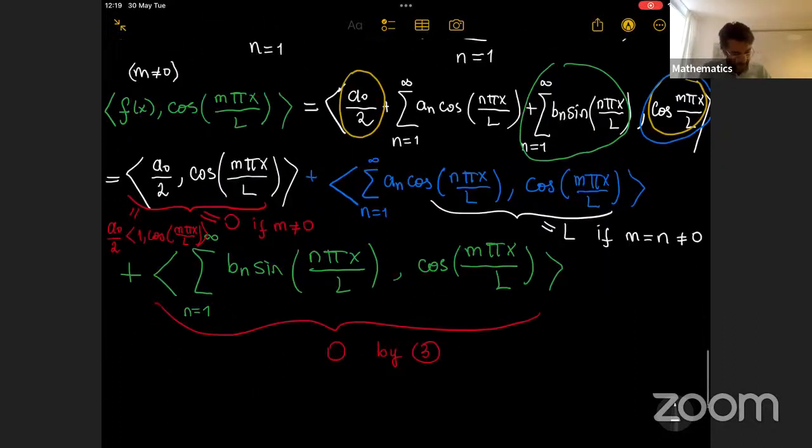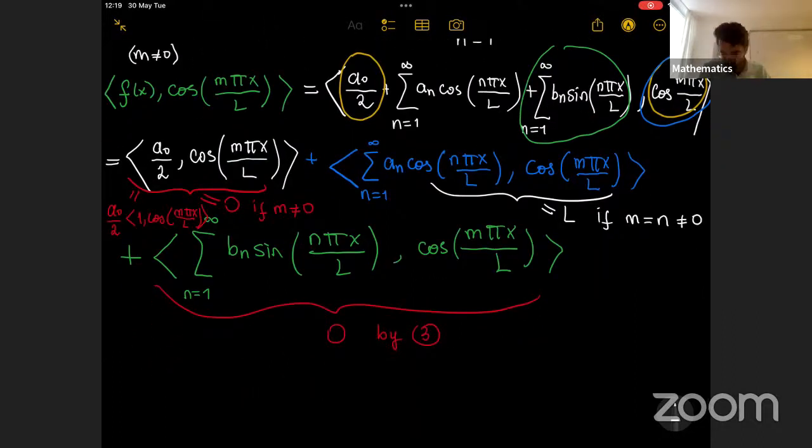So let's summarize what we get from here. From the first one, we get nothing, it is 0. From the second inner product, we get this one here. When n is equal to m, it will survive, otherwise it will be 0.